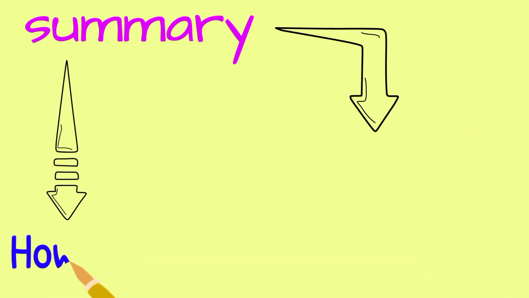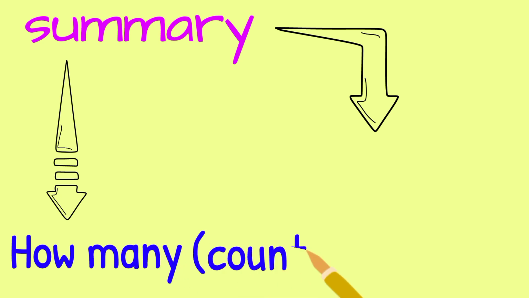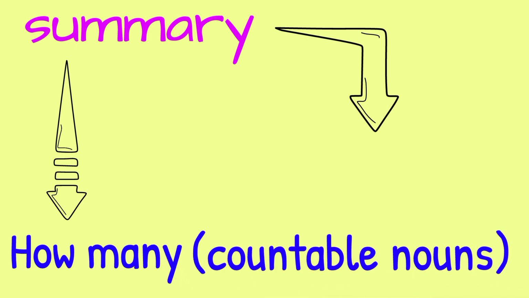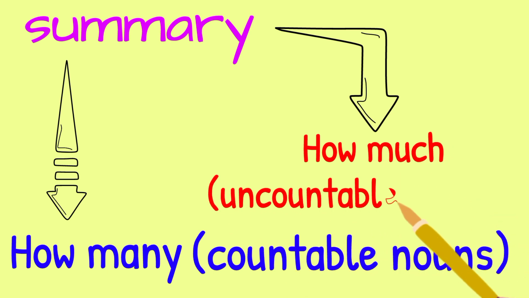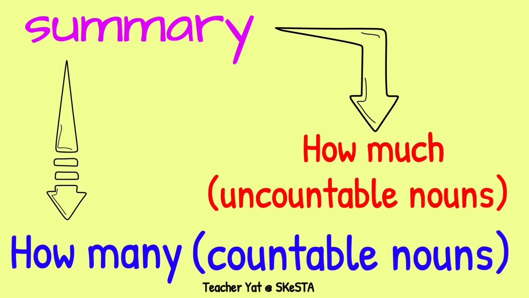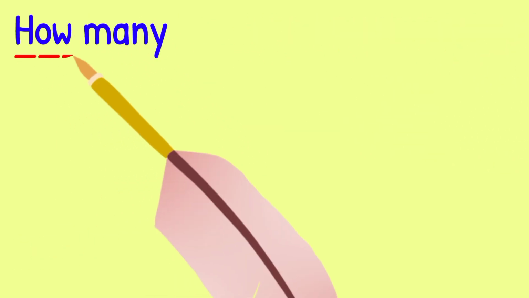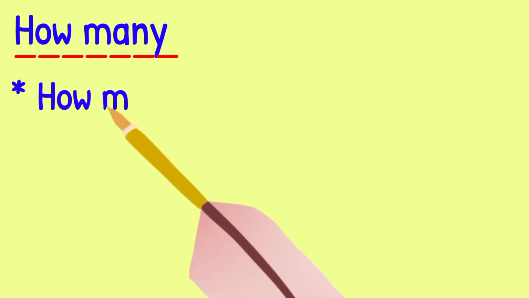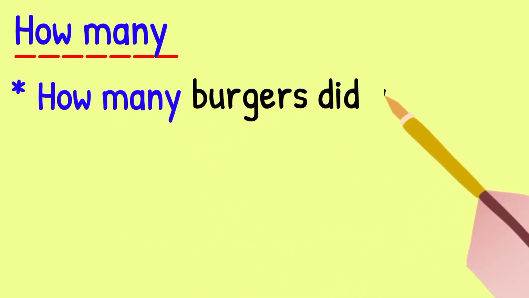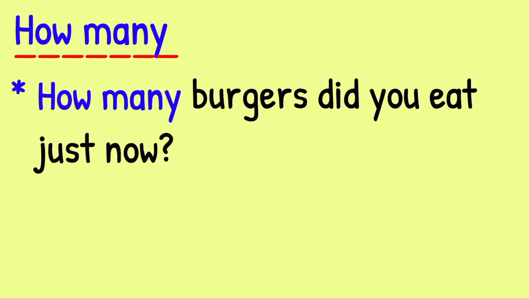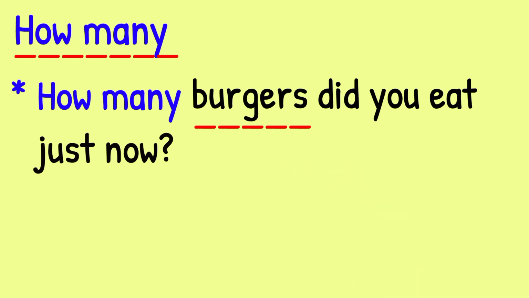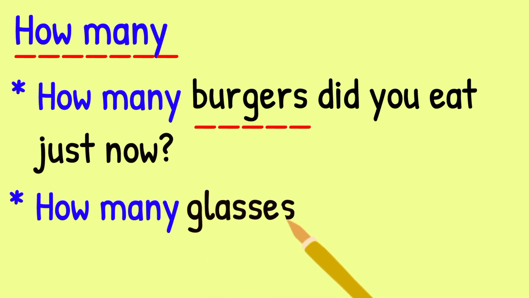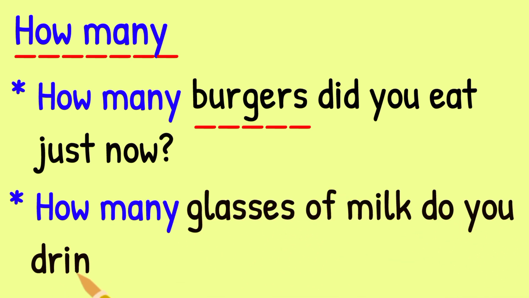So, for the recap, you must remember that how many is used for countable nouns and how much is used for uncountable nouns. For examples, number 1, how many burgers did you eat just now? Number 2, how many glasses of milk do you drink every morning?